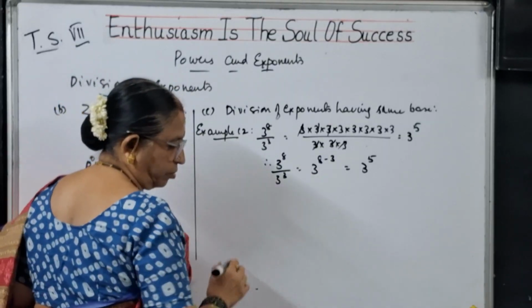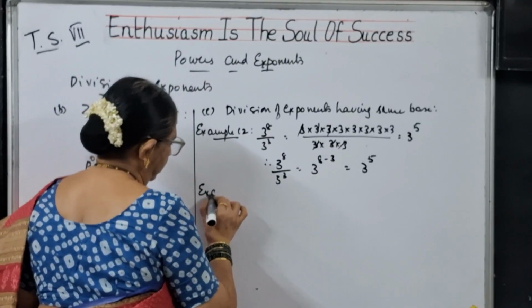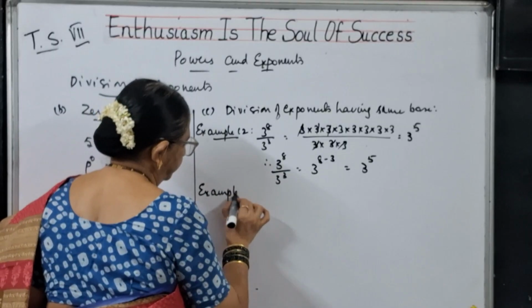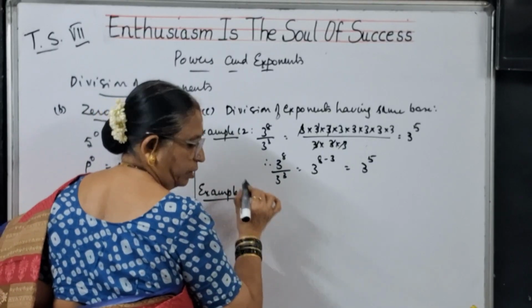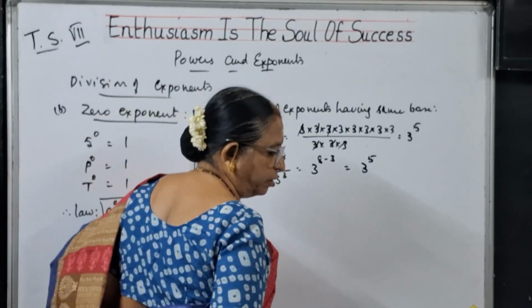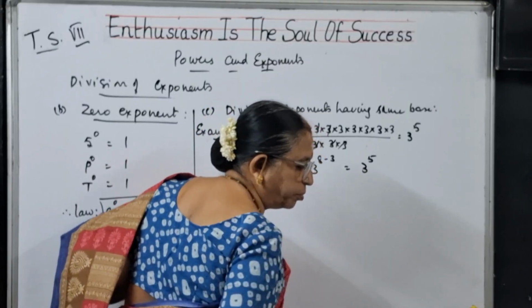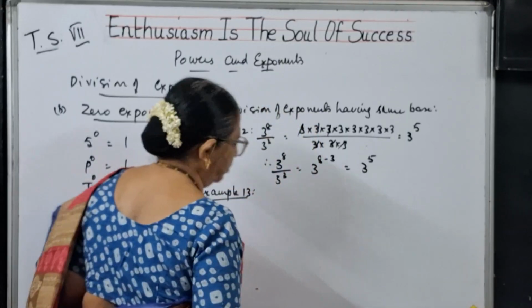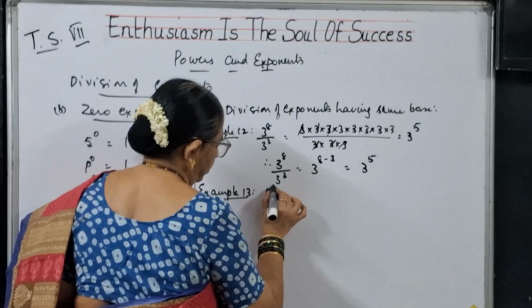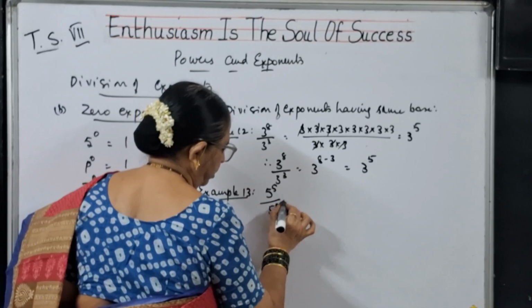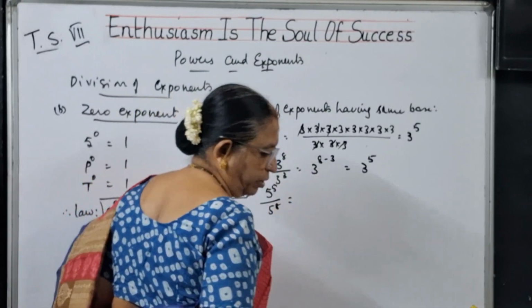Now let us go for example 13. In this example 13, you have got 5 to the power of 5 by 5 to the power of 8.